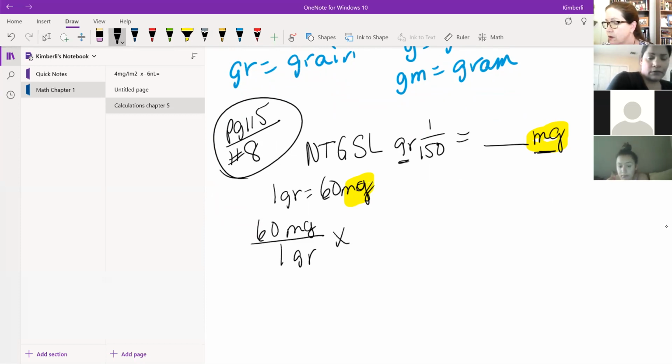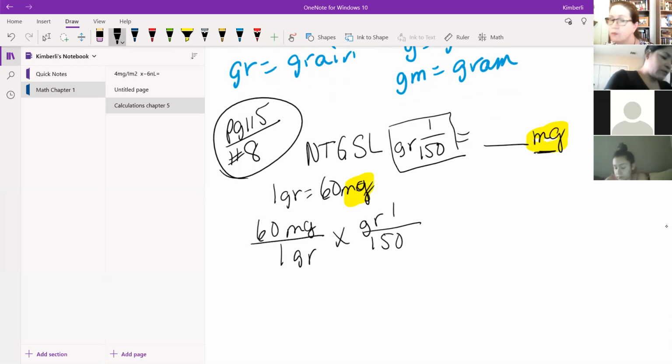Now, here's the hard part. I'm putting the 150 on the bottom. It's not necessarily hard, but it looks weird. And I sometimes get asked, why are you doing that? Well, this means 1 grain divided by 150, right? So here's what I have for 1/150th of a grain. I have 1 grain on top and it's divided by 150.